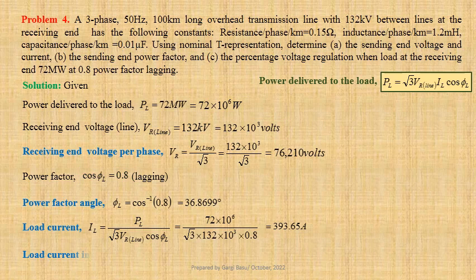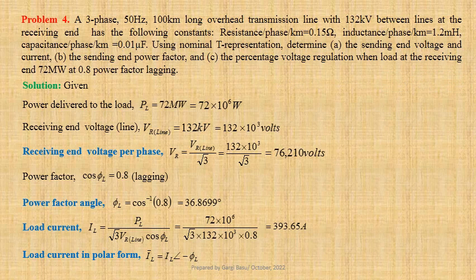Load current may be written in polar form as IL at an angle minus phi L, that is 393.65 ampere at an angle minus 36.8699 degree.